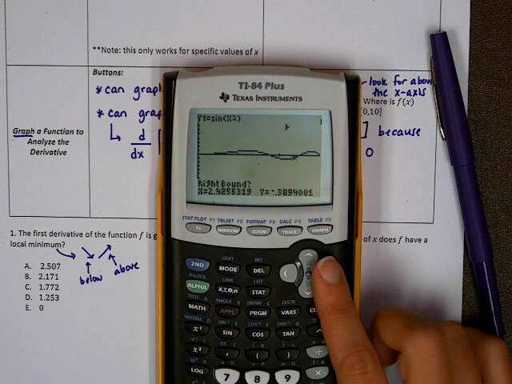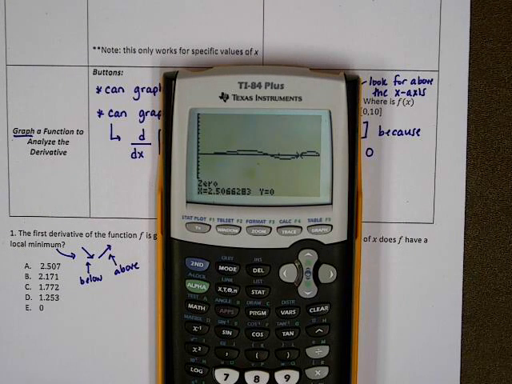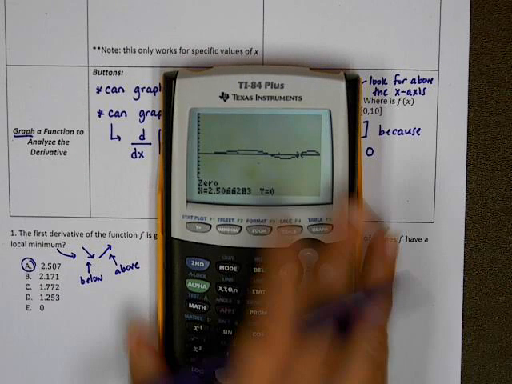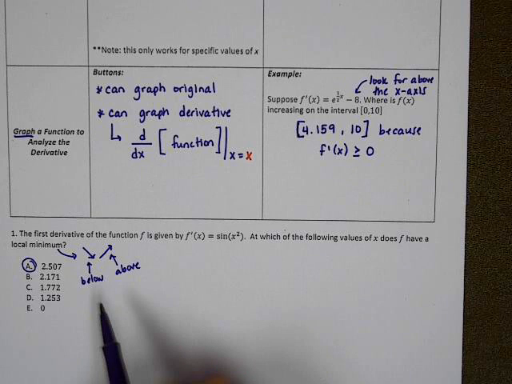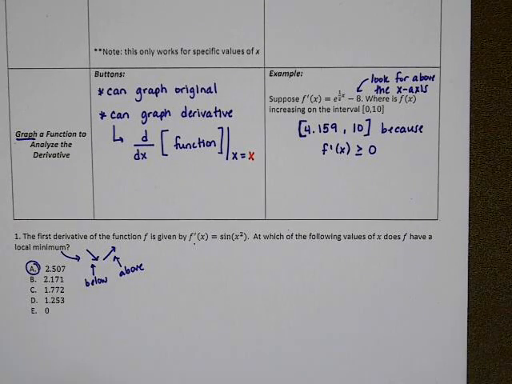So from here to here, it's 2.507, which is going to be this answer. So that's the place where the original has a min. So the original has a min where the derivative changes from below to above, which is what I just found.